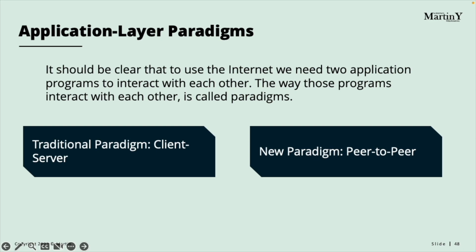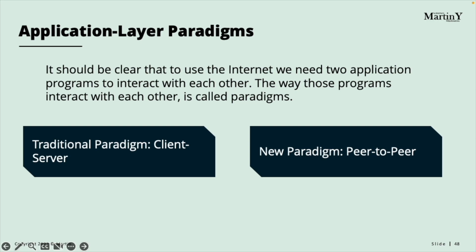So the first one is the client-server, which is the traditional one. They're called paradigms, okay? This is the way we interact with different devices in the application layer. Client-server means that we have a client, right? So let's say we have a computer that is a client, and we have a server somewhere.